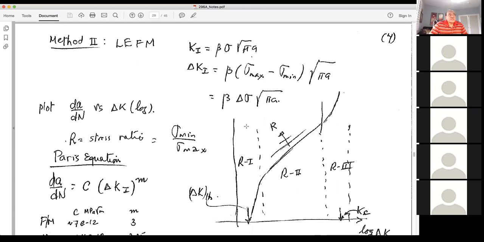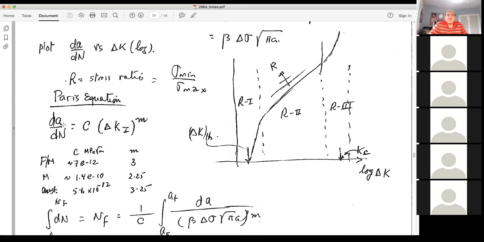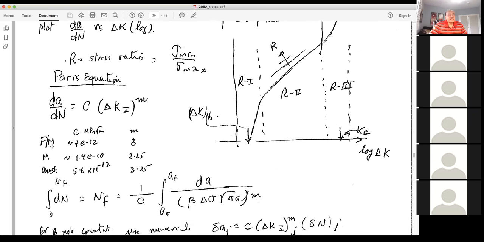As it grows, the rate of change of the crack size with respect to the number of cycles is a constant times this delta K raised to another constant. So these two constants are material data, and come from many experiments. For example, for ferritic martensitic steels, the C constant is about 7 times 10 to the minus 12 in the units of MPa square root of meter, and the exponent m is 3.